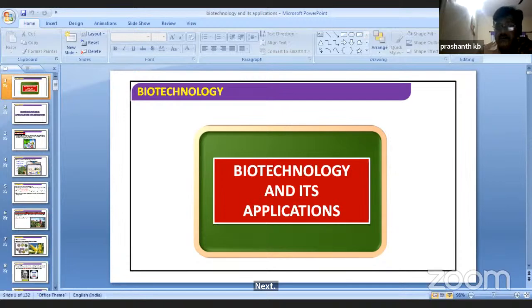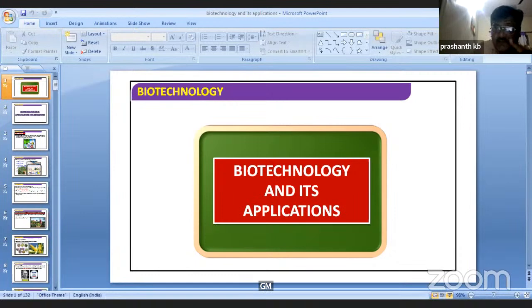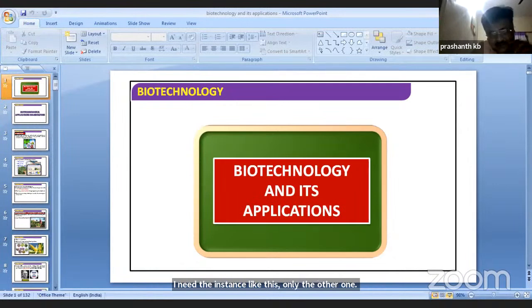Now, coming to this green revolution, what importance was given in the green revolution? This is a 5 marks question. In the textbook, they have given genetically modified organism importance, GMO importance. Improved variety. What is the meaning of this? In the textbook, they have given stress resistance, drought resistance, salinity resistance. Some plants are very, very sensitive. If you go 40 years back, watermelon was obtained only in January, February, March.